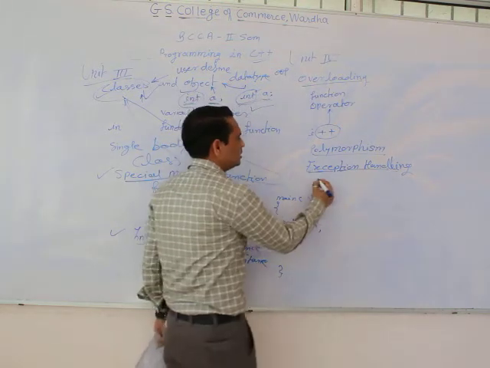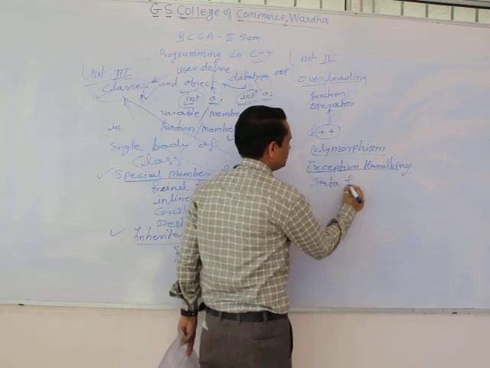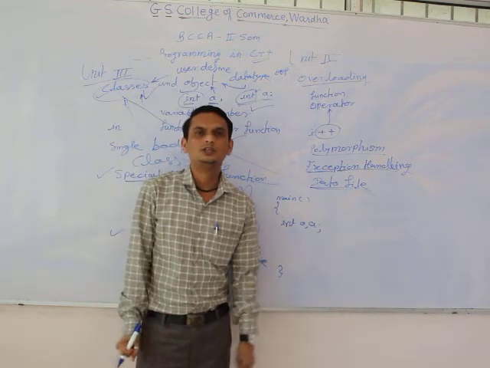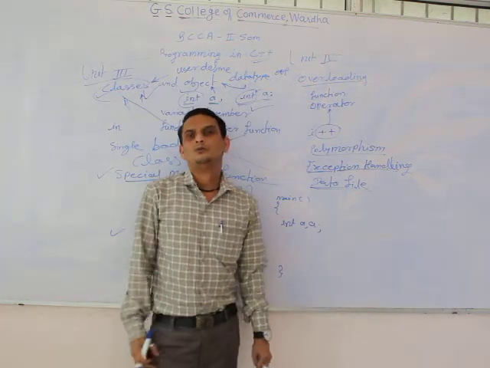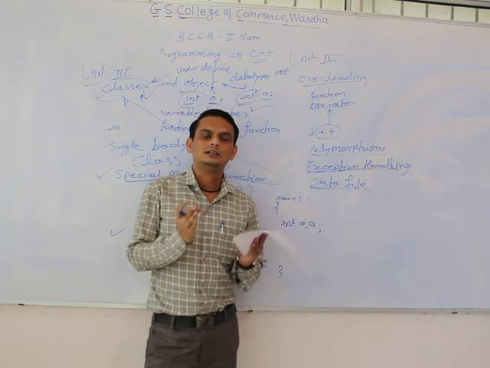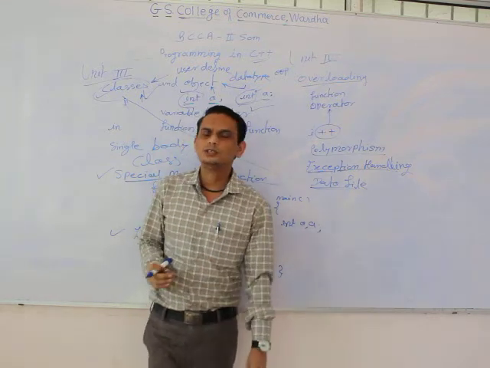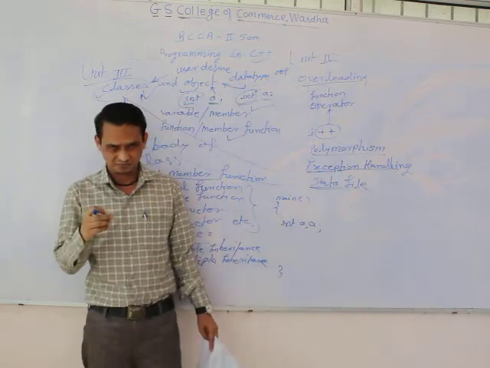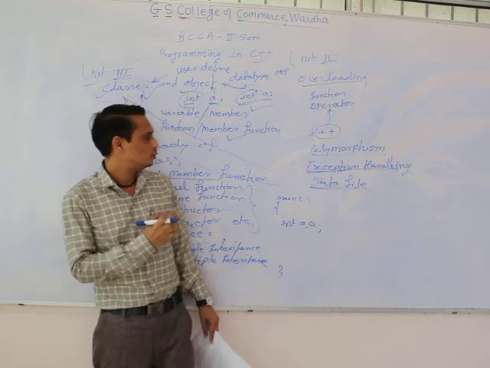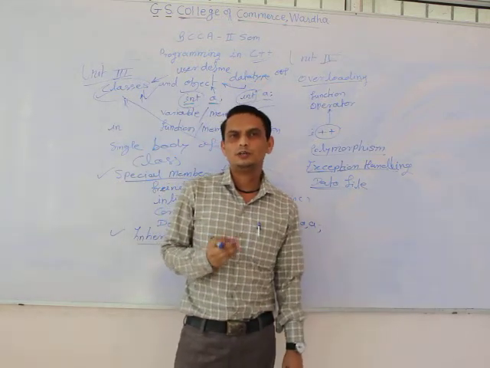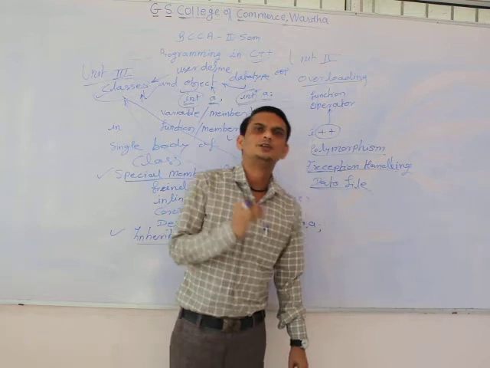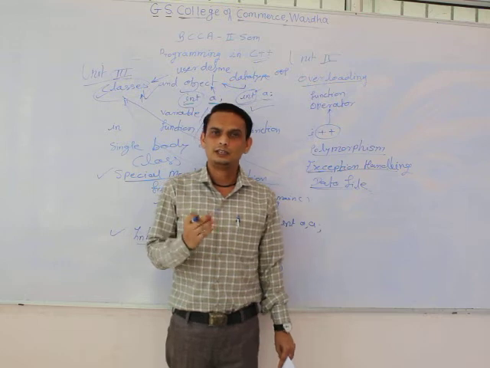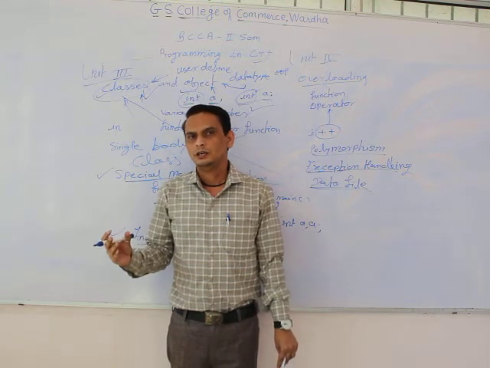And the last one is data files. Using programming we can create a file, a storage where we can store the data of a program file. By using programming we can store the data into a file and retrieve the data from the file character by character or file-wise.